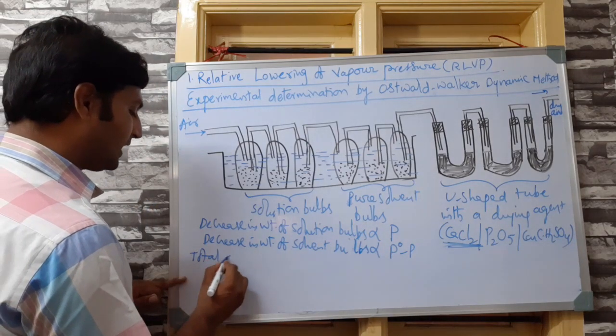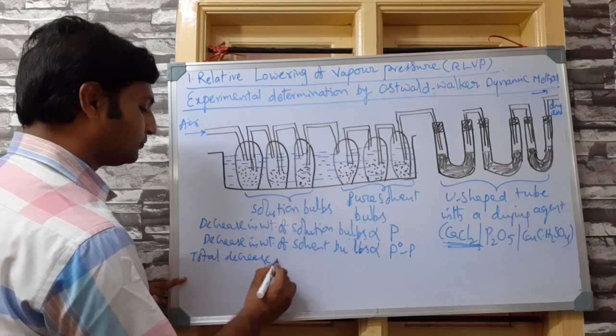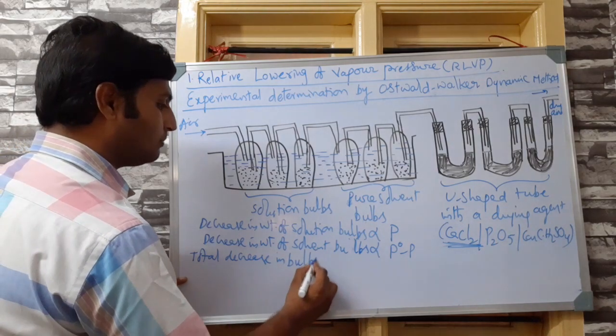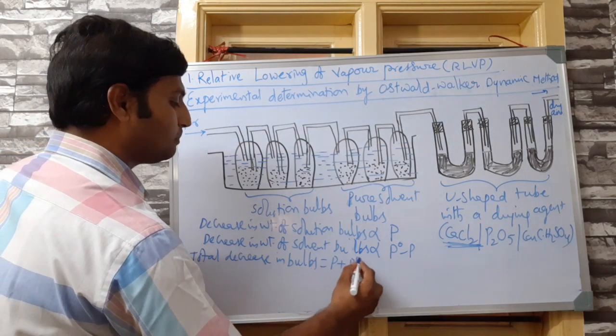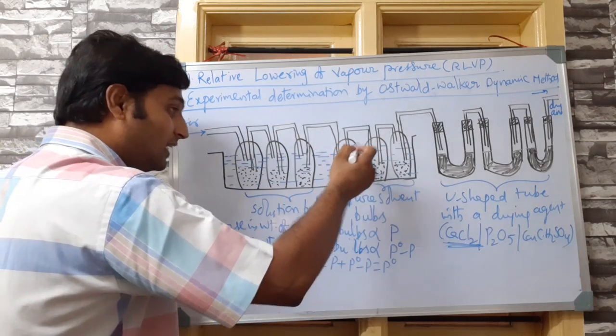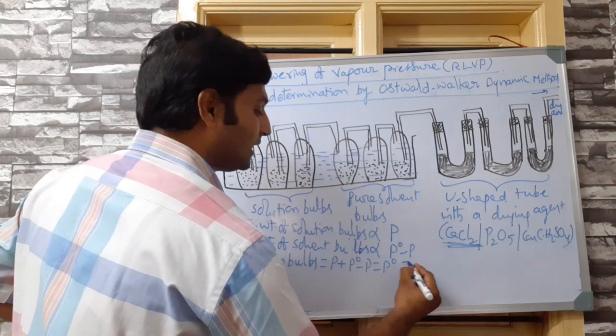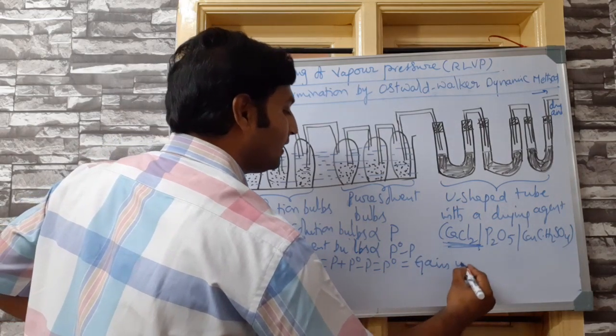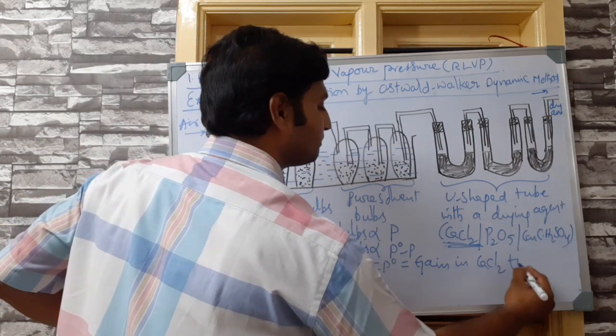So the total decrease in all the glass bulbs will be P plus P naught minus P, which is equal to P naught, and the weight lost here is only gained here, right? So that is equal to the gain in calcium chloride tubes.